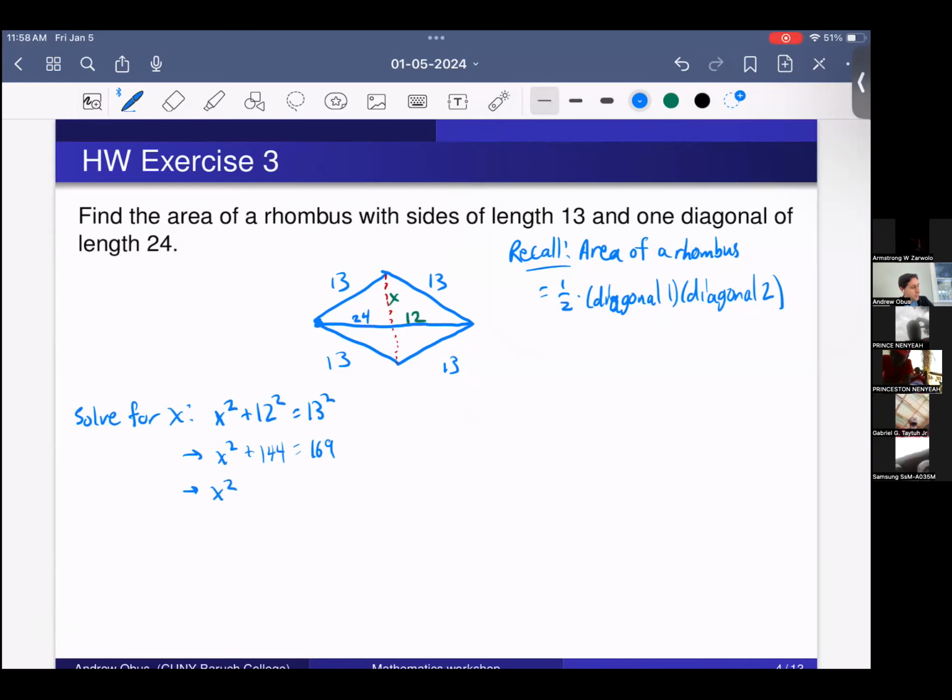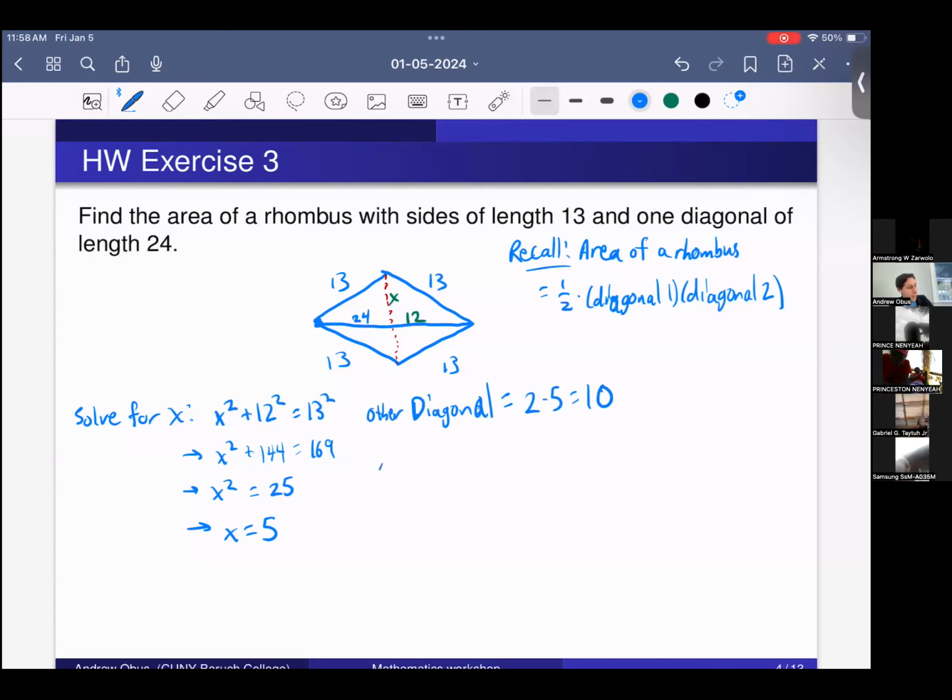That gives us that x squared is equal to 25, subtracting 144 from each side. And that gives us that x is equal to 5. So if x is equal to 5, the other diagonal is going to be 2 times 5, which is going to be 10.